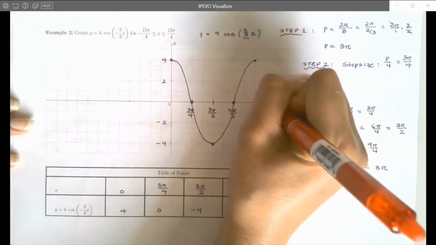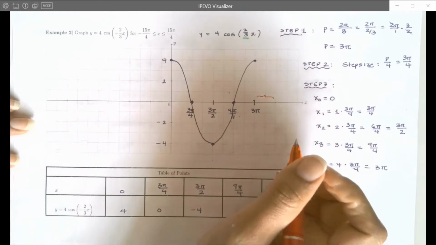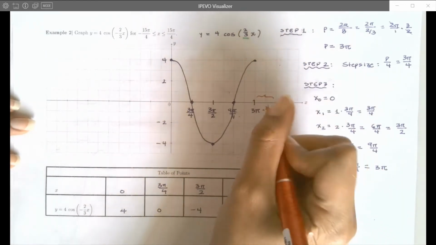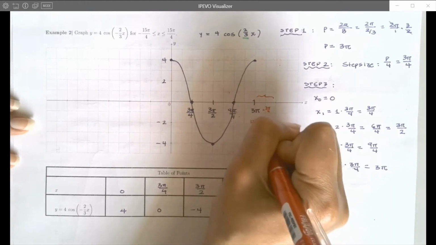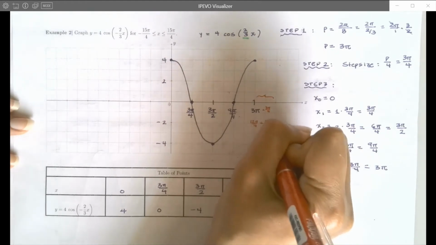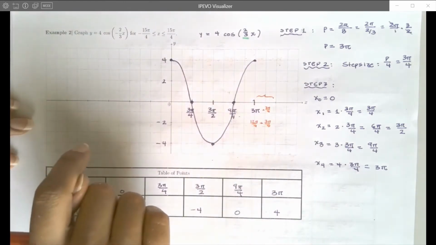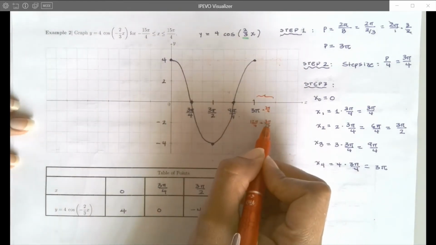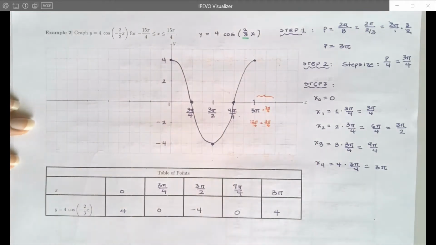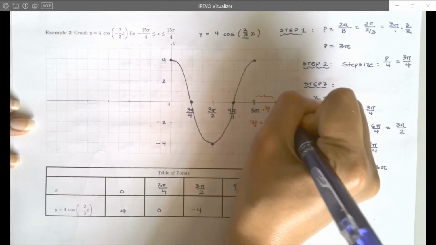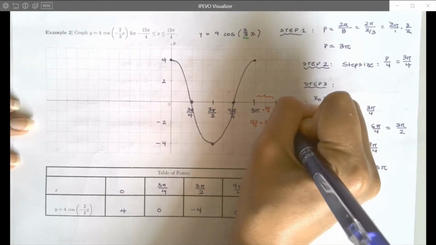So if I add a 3π/4 here, this is essentially going to become 12π/4 plus 3π/4, right? Just rewriting it so I have the same denominator. And that's going to give me 15π/4. So that means we only have to extend it to one more tick mark to the right.